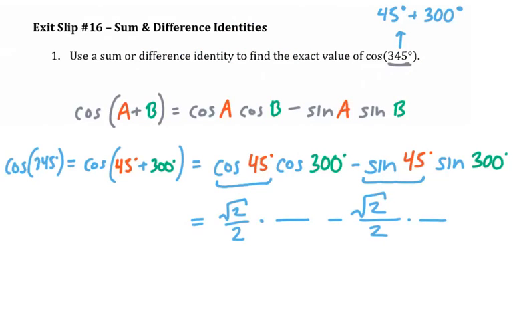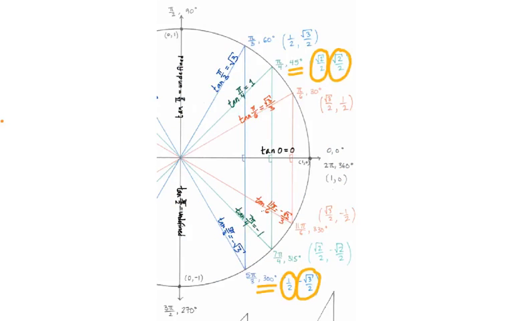When we see cosine of 300 degrees, we can insert 1/2. And when we see sine of 300 degrees, we can insert negative square root 3 over 2. So let me go back to the unit circle and just highlight those one last time. So again, cosine was the x-coordinate of 1/2. Sine was the y-coordinate of negative square root 3 over 2.